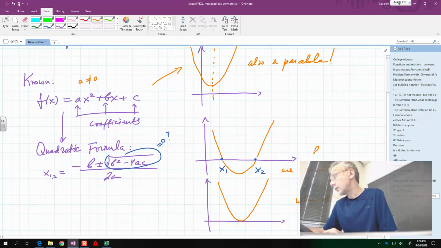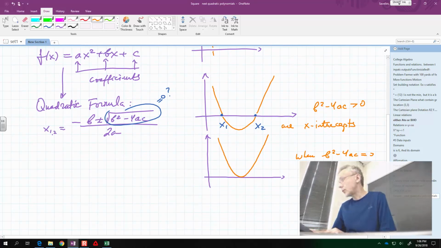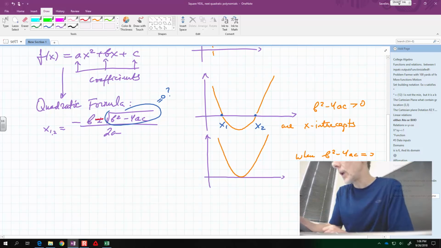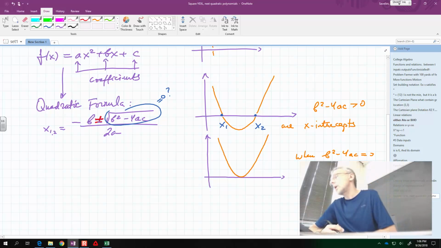You have 2 when b squared minus 4ac is positive, so that you have two values that follow plus or minus. When it is 0, you have one x-intercept.